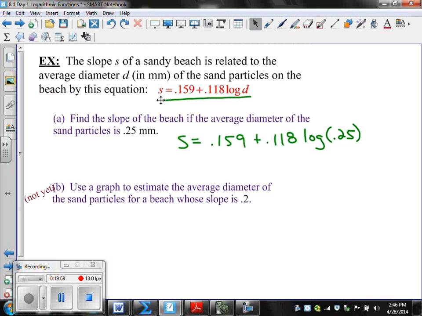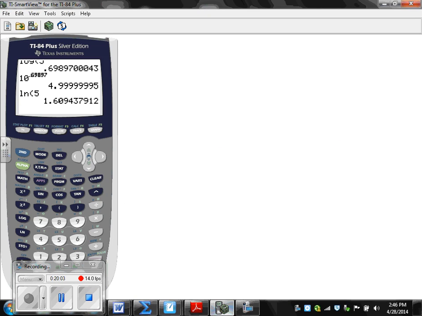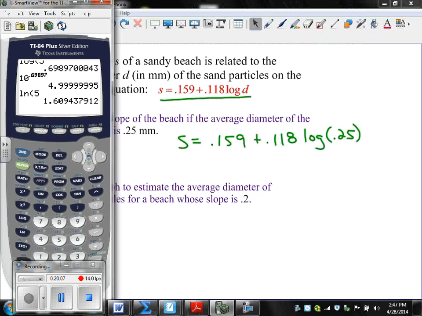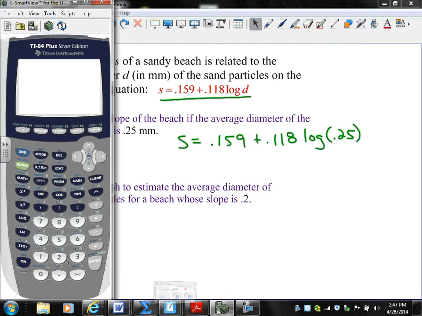So I'm going to clear this out, and I'm going to plug this stuff in. 0.159 plus 0.118. Again, there's my log button over on the left side, and I'm going to do log of 0.25. And again, I'm going to let the calculator do all the work here, and I get a slope of about 0.088.